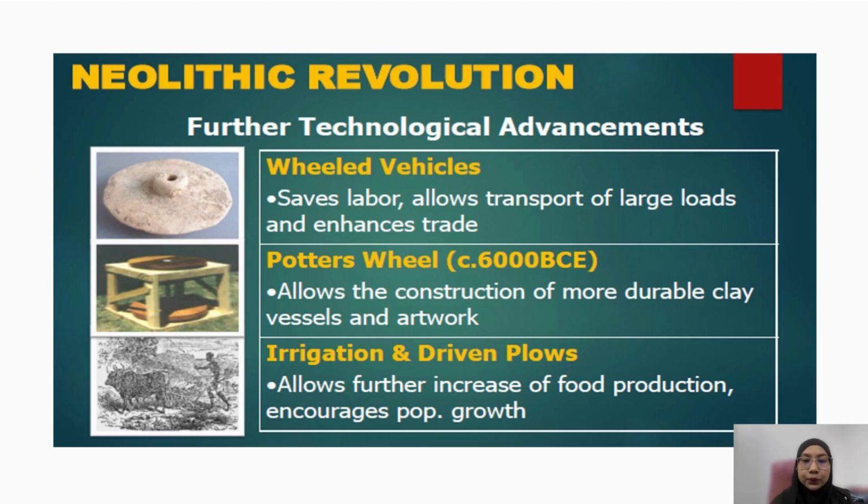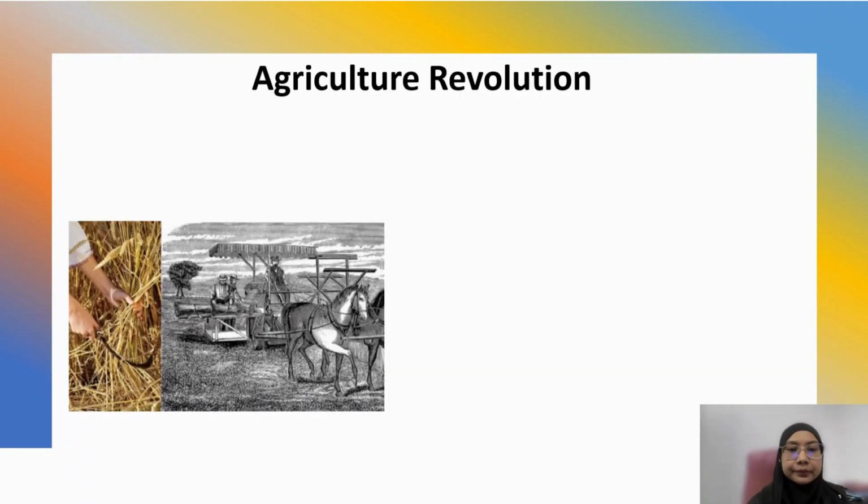There are also potter's wheels, which allow the construction of more durable clay vessels and others. Irrigation and drilling plants also allow a further increase of food production and encourage crop growth. So here they start to do some digging to create irrigation.